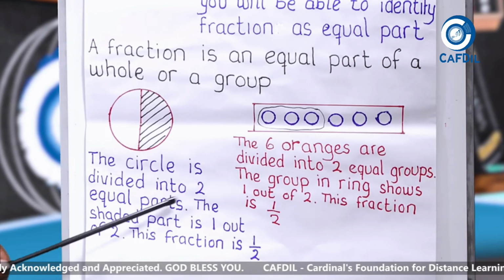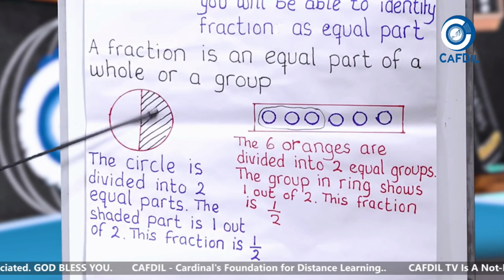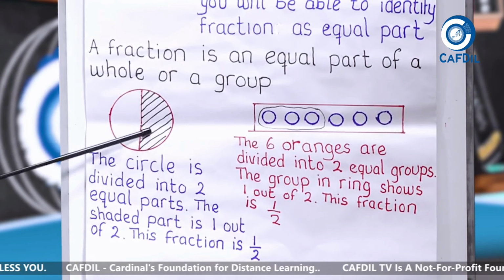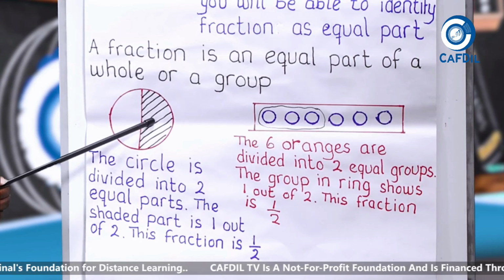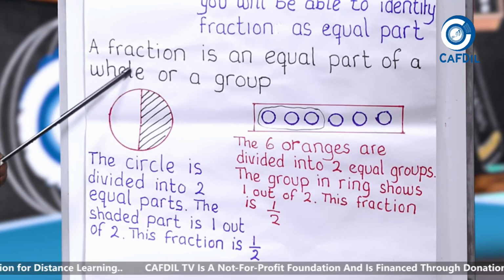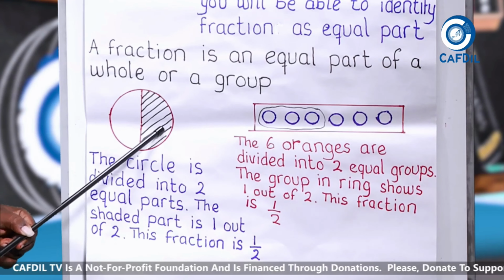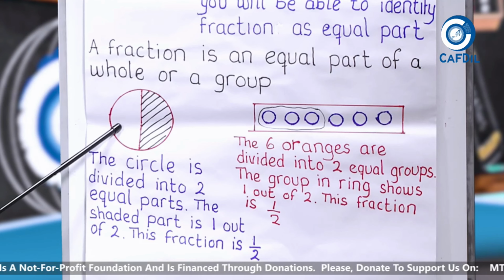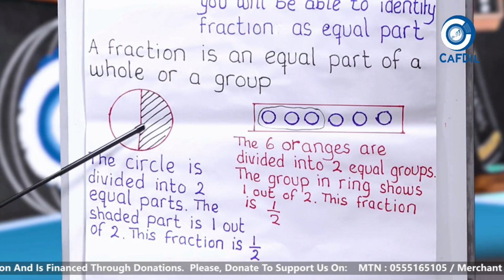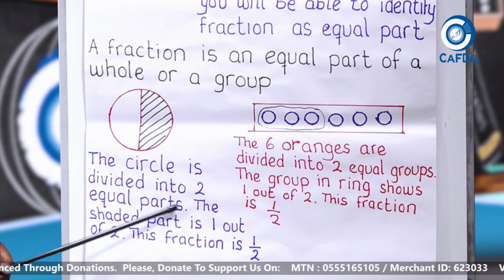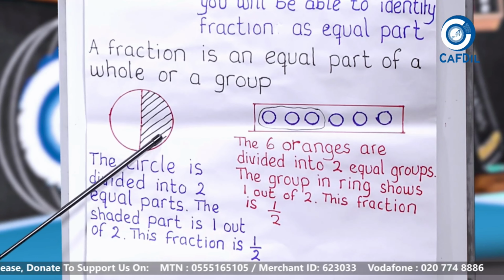And they are saying the shaded part, look at it, this is the shaded part, is 1 out of 2. Now we have 1 and then 2. The full circle has been divided into two equal halves, and one half has been shaded. So here we say the shaded part is 1 out of 2. So this is 1 out of what?